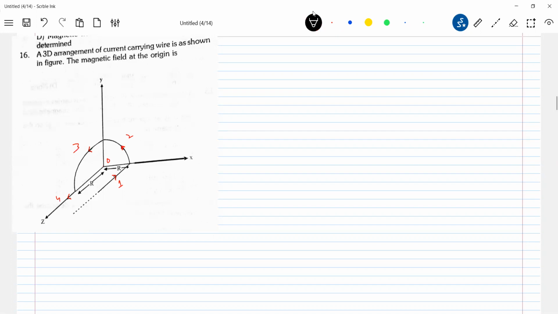Due to 1, mu naught I by 4 pi r, out of the plane, j cap. Due to 2, only magnitude I'll write it. So mu naught I by 2r, pi by 2 pi.